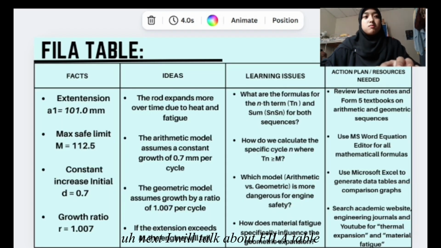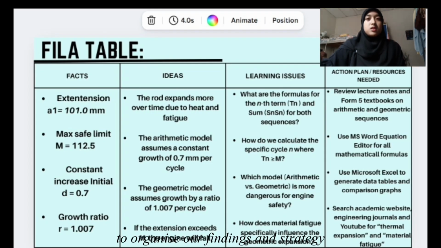Next, I will talk about the PBL table. To organize our findings and strategy, we utilize a PBL table, which stands for facts, ideas, learning issues, and action plans. First, for the facts, we have established our starting parameters.